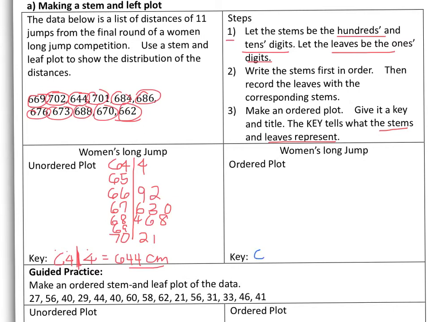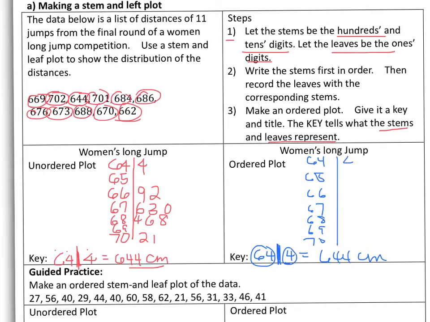Again, don't forget the key, 64, with a little slash line, 4 equals 644, cutting the stem and the leaf. So 64 is your stem, 4 is your leaf. So 644 centimeters. Okay, 64, 65, 66, 67, 68, 69, 70.